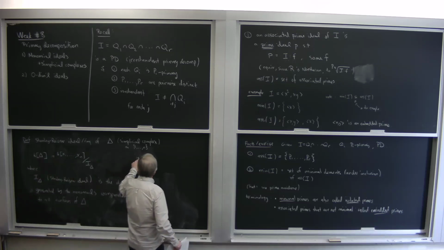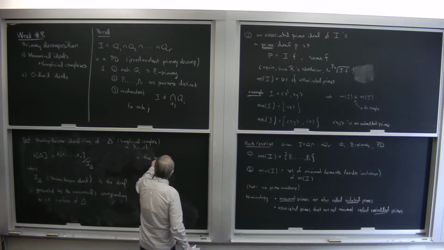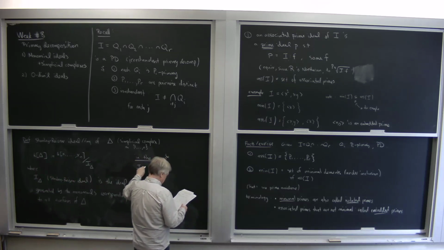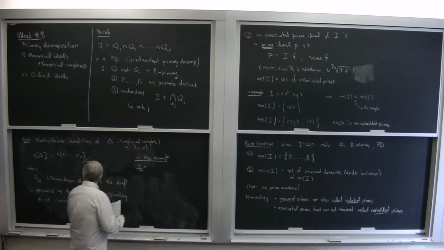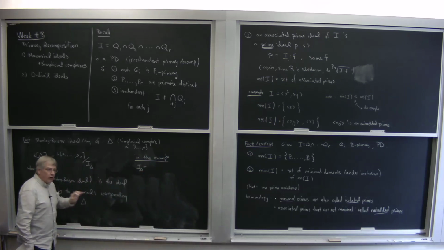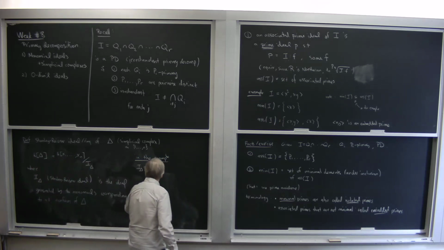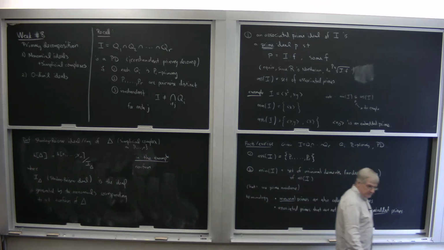So let's actually write this down. So in the example, I delta is equal to what? What are the, we not want all the non-faces. So maybe before writing that, what are the non-faces? Actually, there aren't that many non-faces.